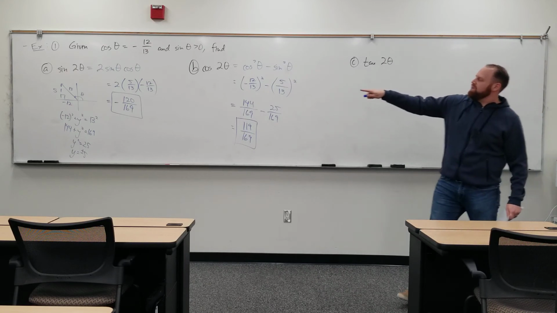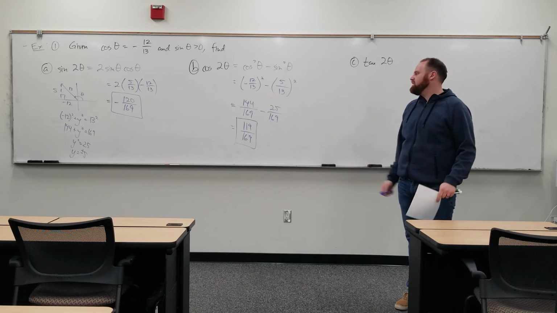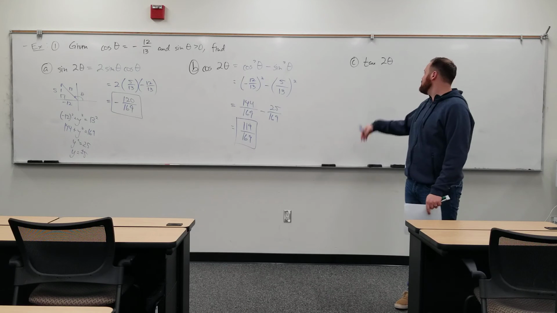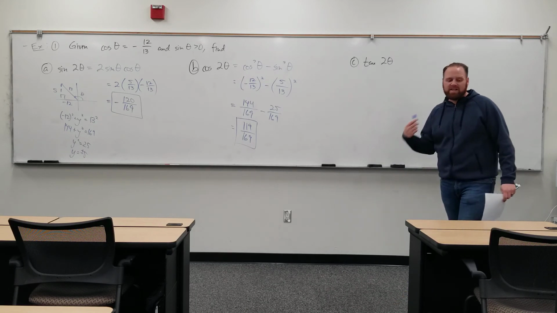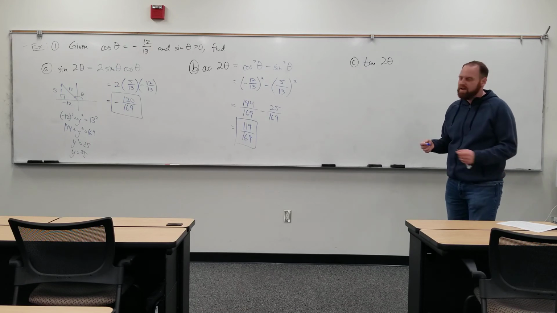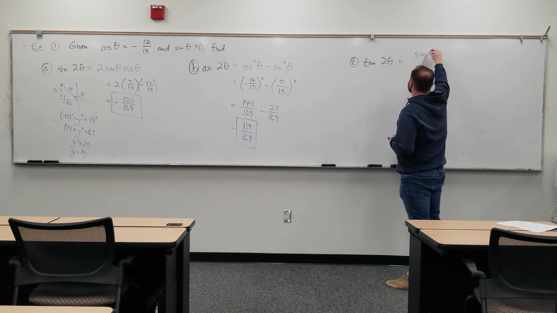We could figure that out pretty easily because we did that work over there with the right triangle. So it wouldn't be too hard for us to figure out what tangent theta is to use it in that formula. But I think we have an easier solution here because we already know sine 2 theta and cosine 2 theta, right? So we can just say tangent 2 theta is sine 2 theta over cosine 2 theta.